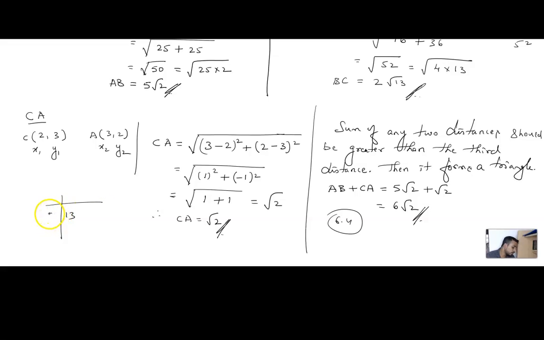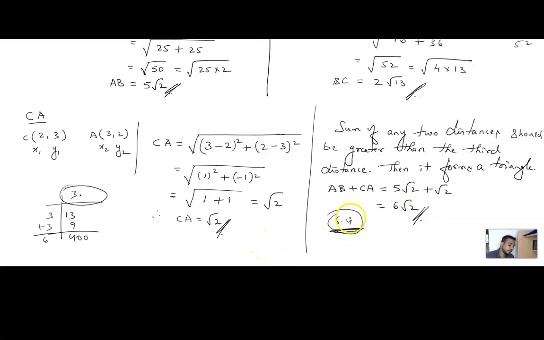3 3s are 9. 3 3s are 9. So 13 minus 9, that is 4. Add a decimal point, then you can take a 0. Take one more 0. So approximately you are getting 3 point something. But here what is the answer? 6.4.